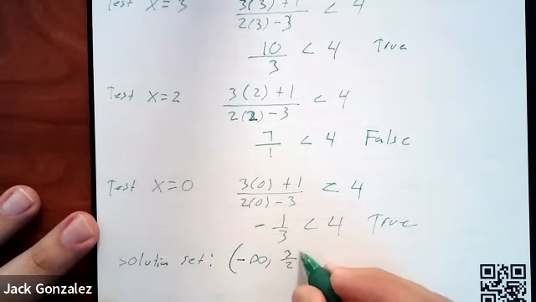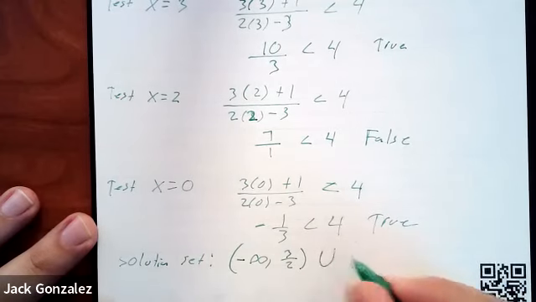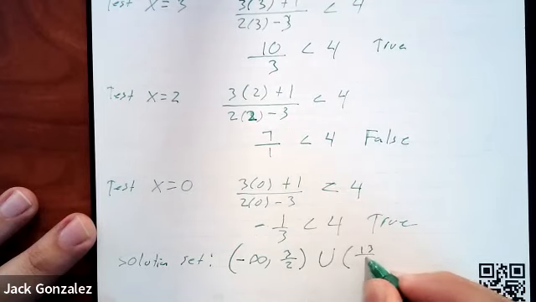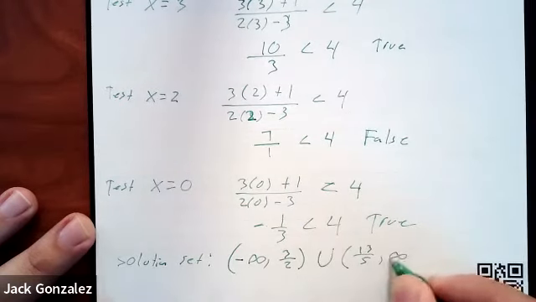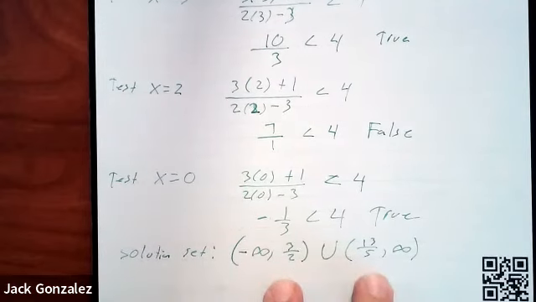So 3/2, which is 1.5, union 6. Remember, they're not gonna take decimals. But I know what you mean. Decimals kind of help you see a little bit, so feel free to use them. Just make sure you punch these in.